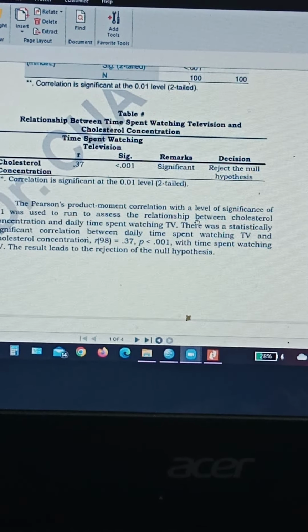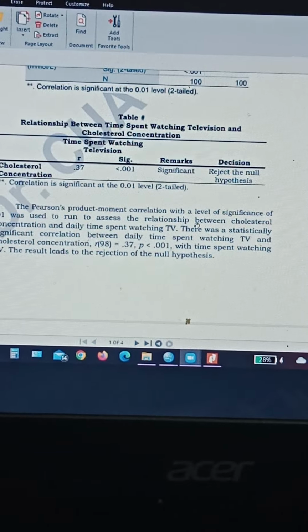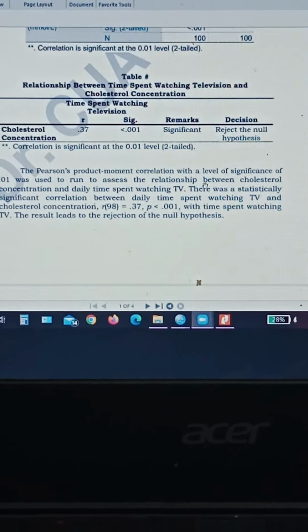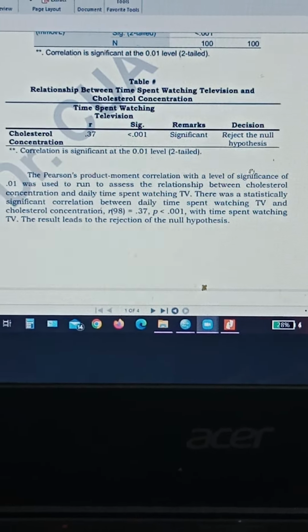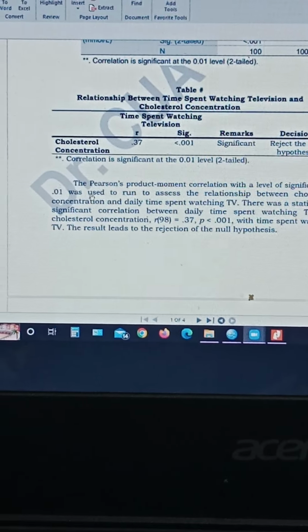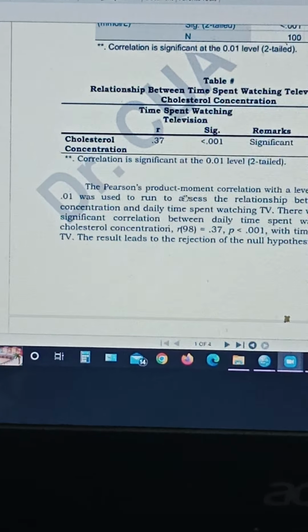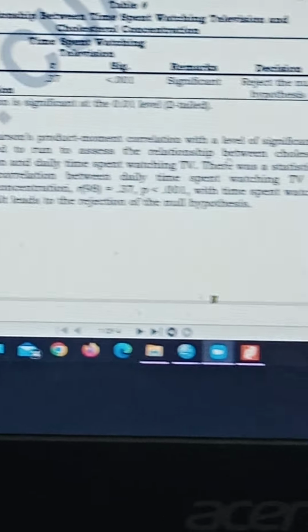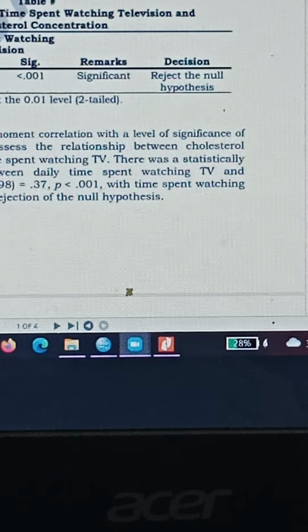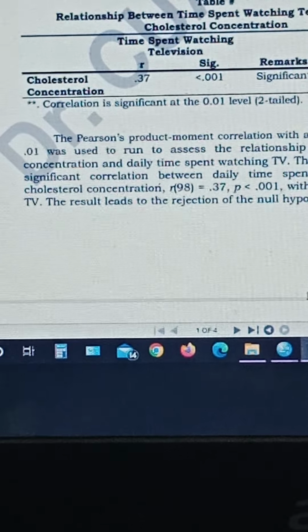And then you state what statistical test you use. The Pearson's product moment correlation with the level of significance of 0.01 was used to assess the relationship between cholesterol concentration and daily time spent watching TV.